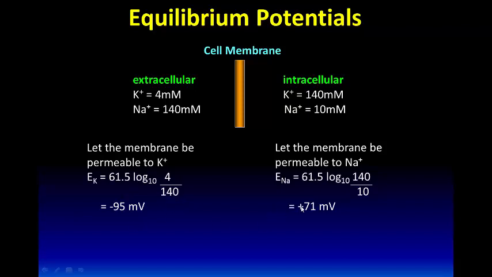The equilibrium potential for sodium is positive 75 millivolts, because if the membrane was permeable to sodium only in the resting state, then sodium ions would have diffused into the cell, bringing positive charges on the inner surface of the membrane. And the voltage across the membrane when sodium reaches the equilibrium potential is positive 71 millivolts, which is far away from the measured value for the resting membrane potential.